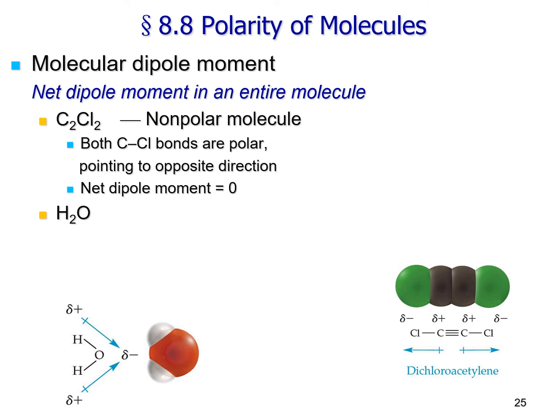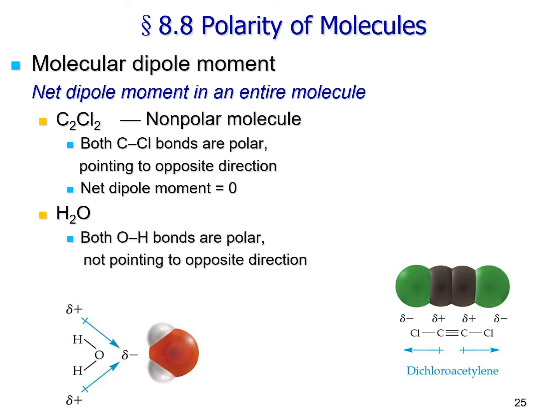Once we realize for the bent shape like this, there are 2 arrows, and although they point in somewhat different directions, one going down, one going up, they are not completely opposite. They're always going to have something that points out to the right.